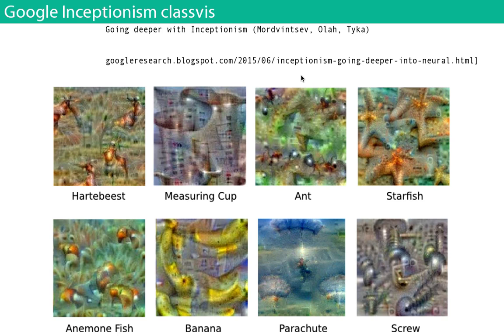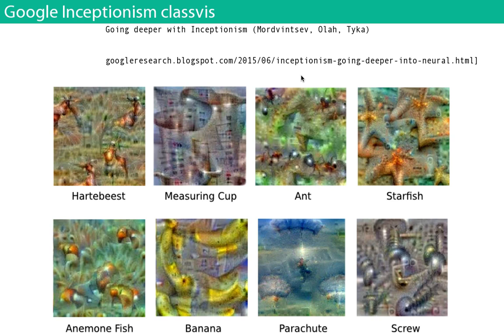Oftentimes what we do with convolutional neural networks is we send in an image and we observe the activations. We might send an image of a dog and it will say, okay, I'm 70% sure this is a dog, 20% sure it's a cat, 5% sure it's a bird, 1% sure it's an umbrella, or something like that. That's interesting, but what if we inverted the question, and rather than asking what activations go with what image, we ask what image goes with what activations?